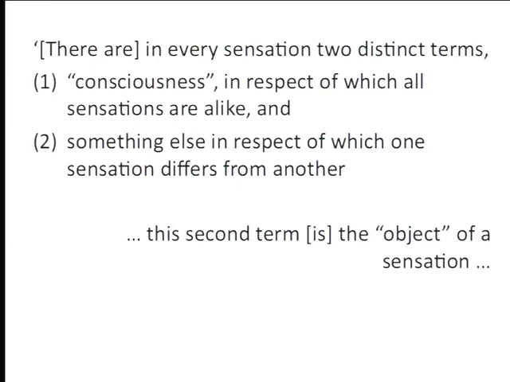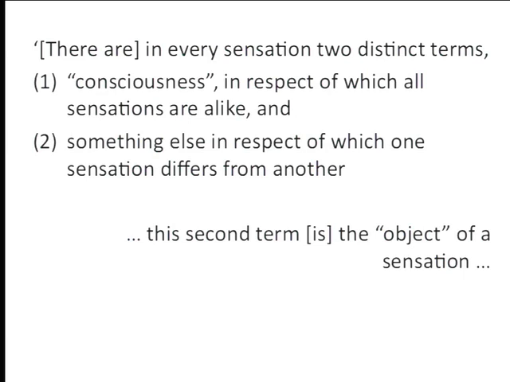G.E. Moore first made this kind of point, and the way he put it was, in every sensation there are two distinct terms, and it's best here to think of this as visual experience. Consciousness, in respect of which all sensations are alike, and something else in terms of which one sensation differs from another. So that second thing is the object.